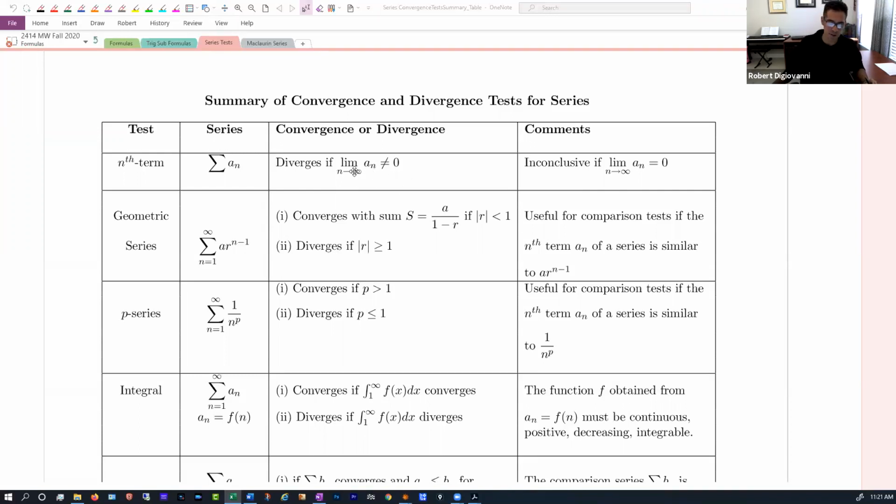If the sequence goes to something other than 0, this series will diverge. What happens if the sequence goes to 0? What does this test tell us? It reads that it's inconclusive. Inconclusive, which means the test doesn't work. I'll illustrate this more, all right?